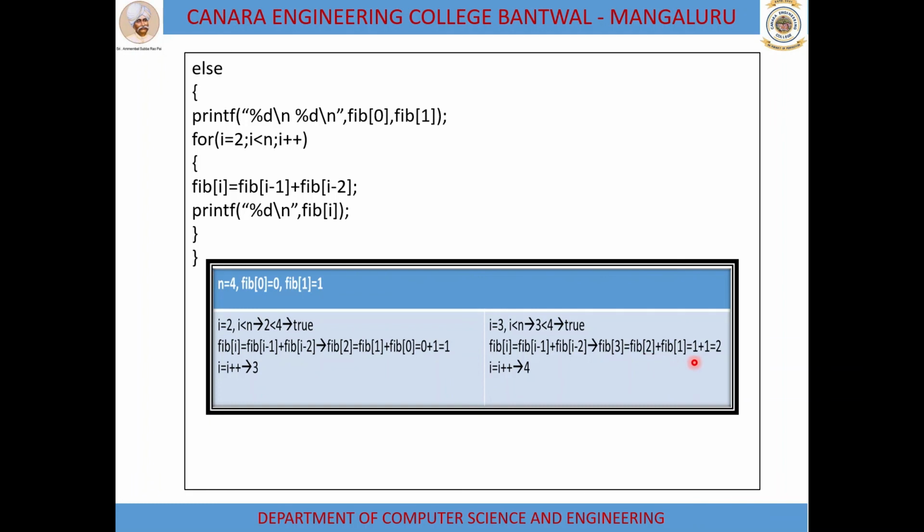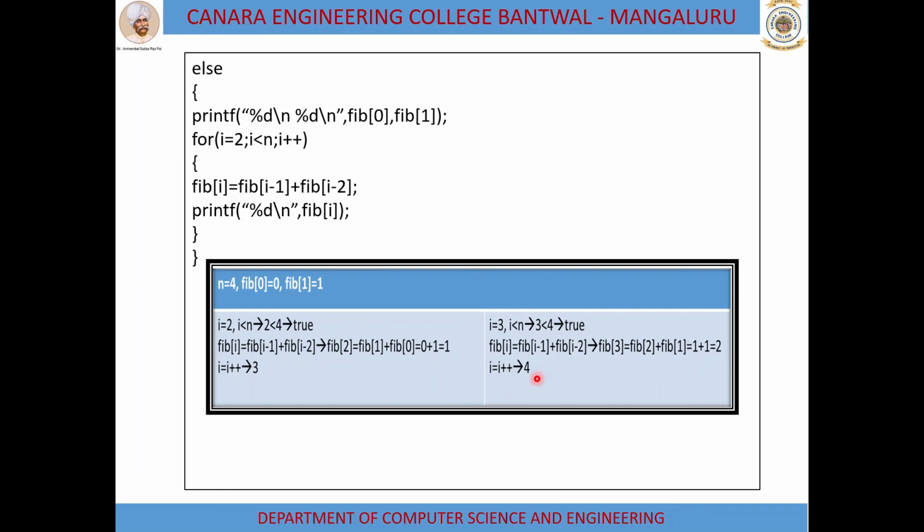Now fib[2] is 1, plus fib[1] is 1. So 1 plus 1 is 2. That will be stored in fib[3] and displayed now with printf "%d\n", fib[i]. So we have now already printed 0, 1, 1 and 2, totally 4 Fibonacci series numbers.